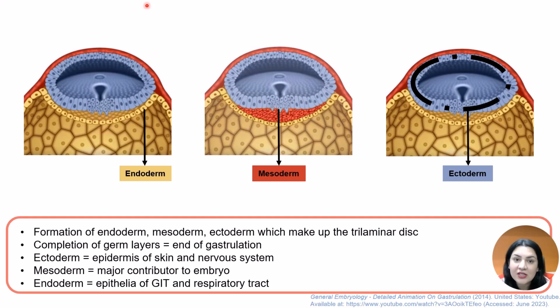And what actually is really happening is that this epiblast layer of cells is going to start migrating, invaginating, and differentiating into what will ultimately give you the endoderm, the mesoderm, and ectoderm germ layers.